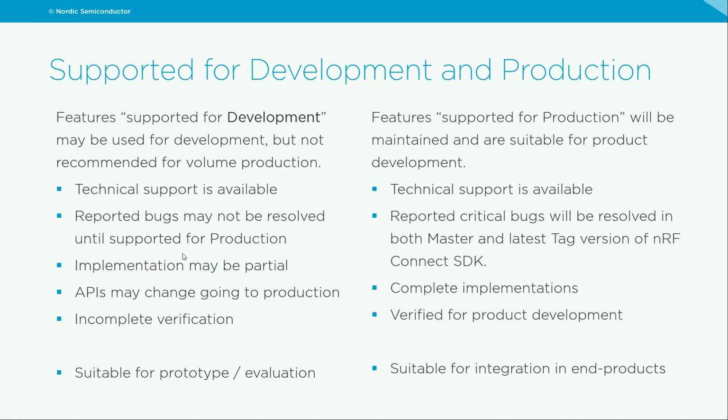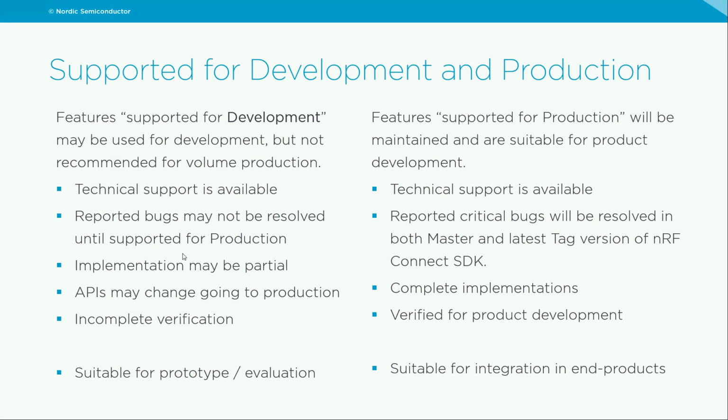Going back to supported for development, technical support is available on Nordic DevZone or via one of our FAEs. Reported bugs may not be resolved until it is supported for production. The implementation may be partial, so it may be incomplete. The APIs may also change before they go to production, and the verification is also incomplete. So this is essentially very suitable for prototyping and evaluation.